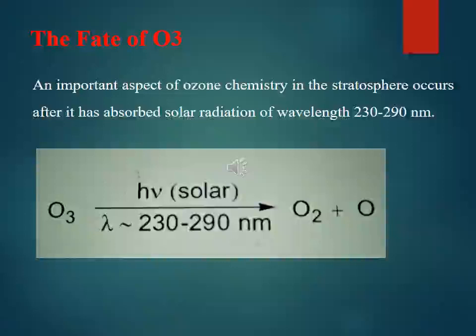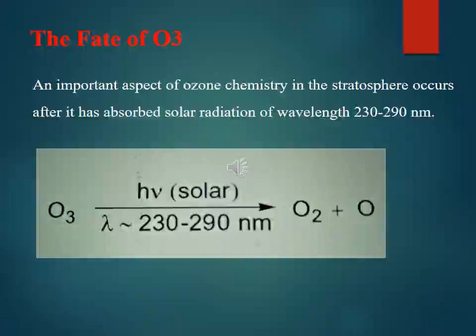Now let's see the important aspect of ozone chemistry in the stratosphere, which occurs after it has absorbed solar radiation of wavelength 230 to 290 nanometer. Ozone in the presence of a wavelength of nearly 230 to 290 nanometer is converted into an oxygen molecule and atomic oxygen.